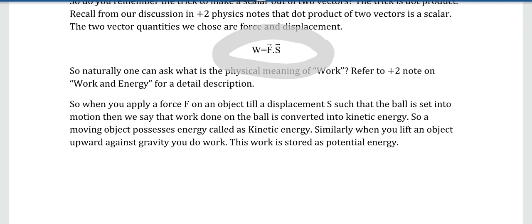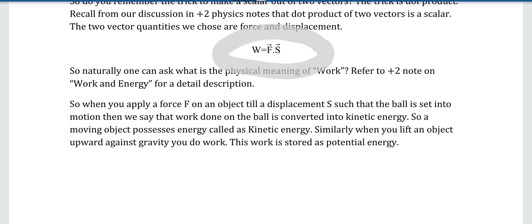When you apply the force till a distance s, all you do is make the object move. Till s distance there is going to be an acceleration, after s there would be no acceleration. So this force acting on an object till a particular distance is giving a type of motion to the object, and that's why we say that the work done has created motion.